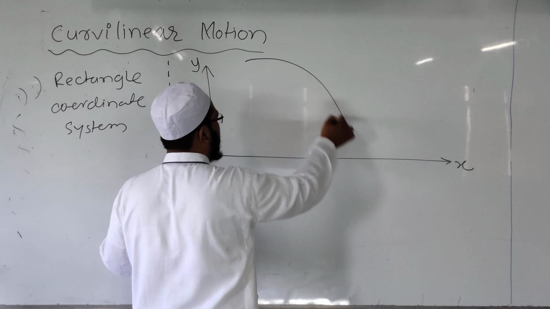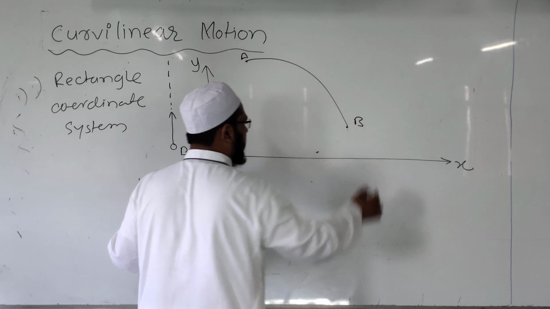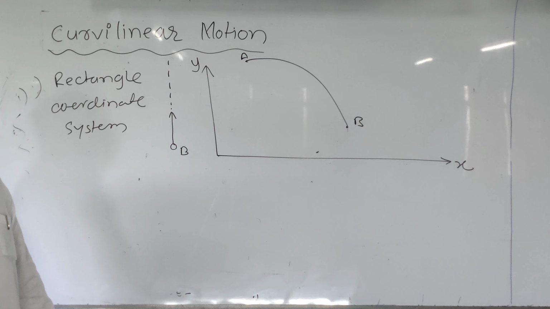Assume that a particle is moving from position A to B, performing a curved path, moving along a curvature.